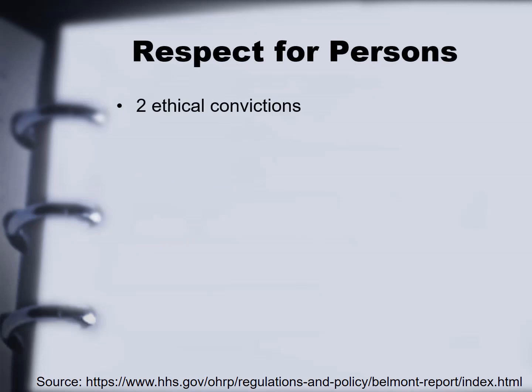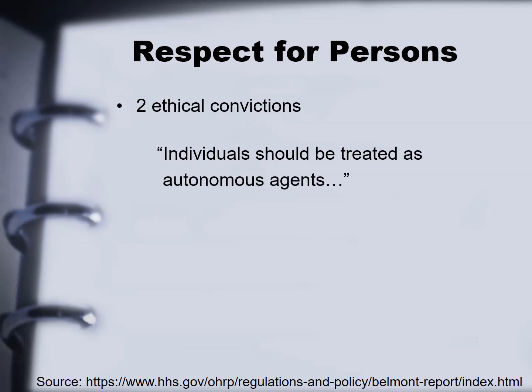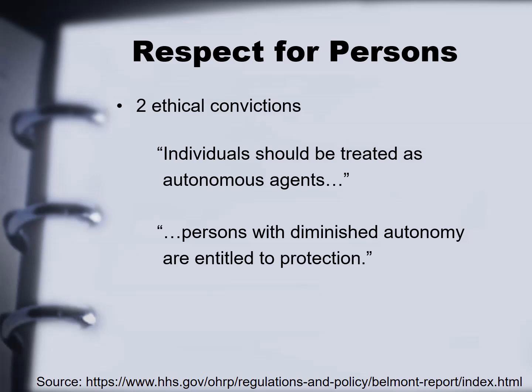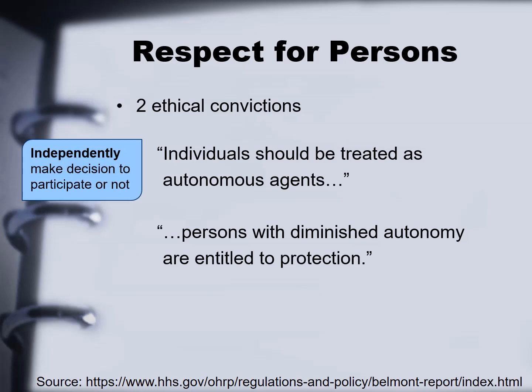There are 2 ethical convictions that underlie this principle. Individuals should be treated as autonomous agents, and persons with diminished autonomy are entitled to protection. What do we mean by autonomous?